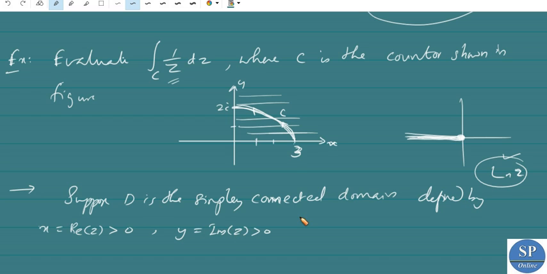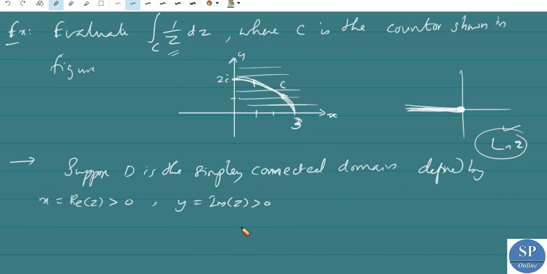That is the first quadrant actually. So in this domain D, both 1 by z and ln z are analytic.